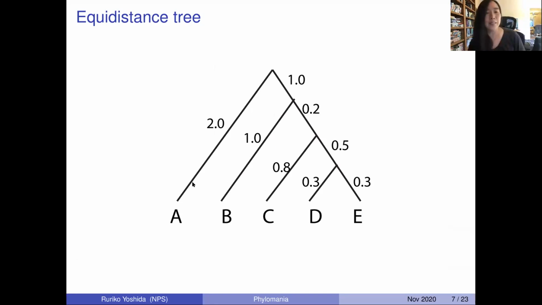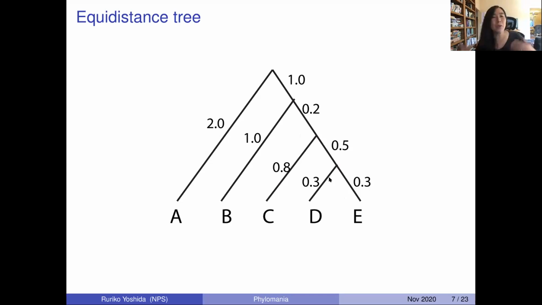For example, in this tree, the root to leaf A is distance 2, root to leaf B is 1 plus 1, which is equal to 2, and so on. So it has all the same height. I assume that all gene trees are equidistant trees. This is a big assumption.